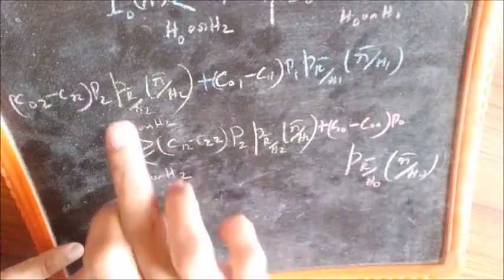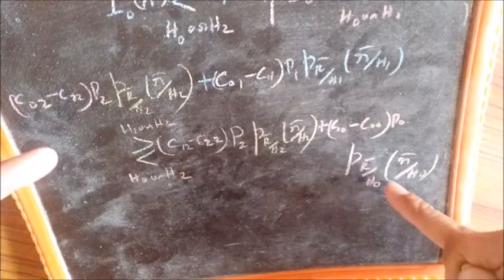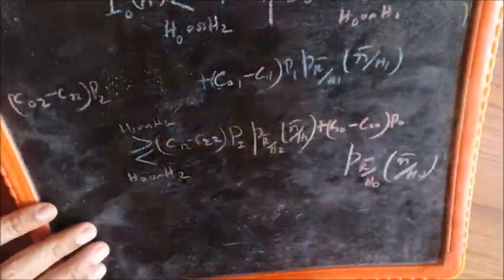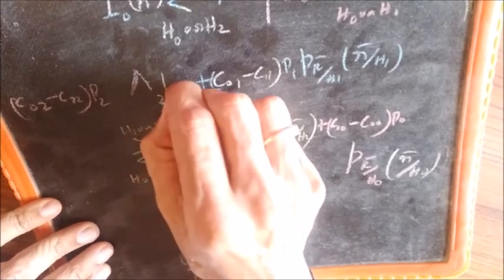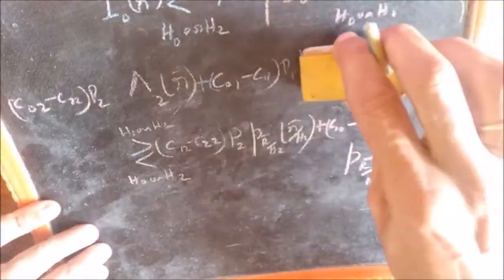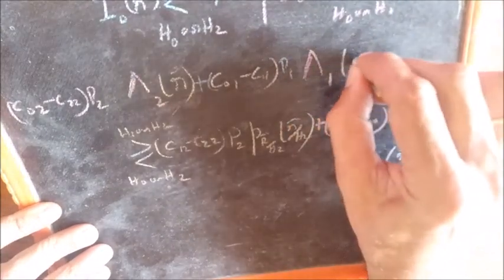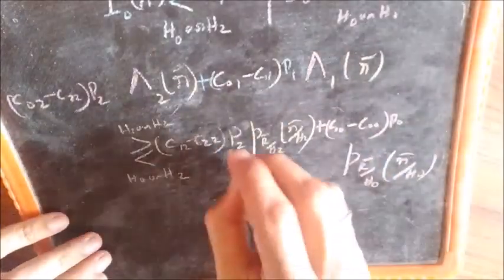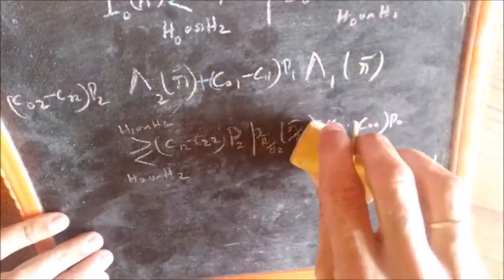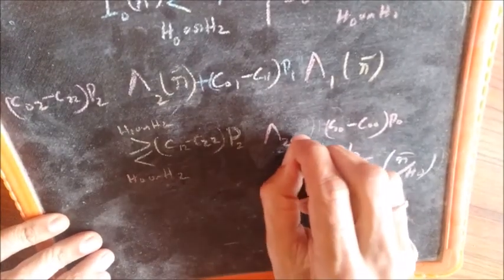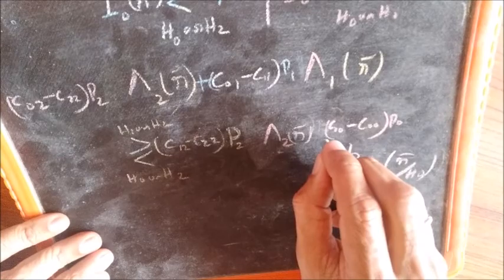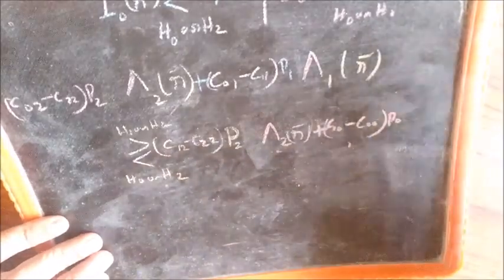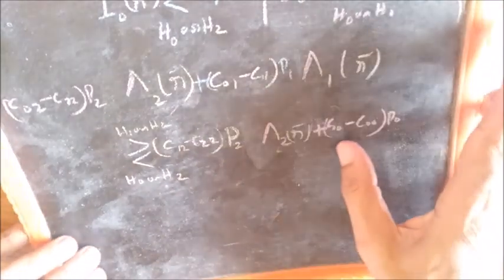So if I divide both sides of this comparison with p(R given H0), over here I will have lambda 2, here I will have lambda 1, and here again I will have lambda 2. And this will vanish, in the sense you will get a 1 here. So this is the test.